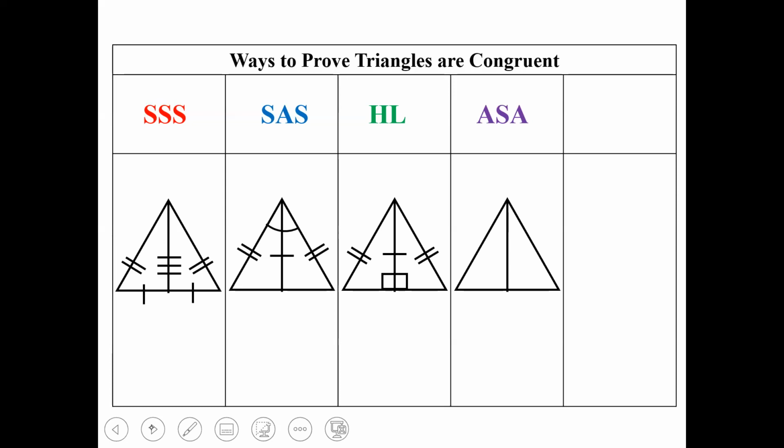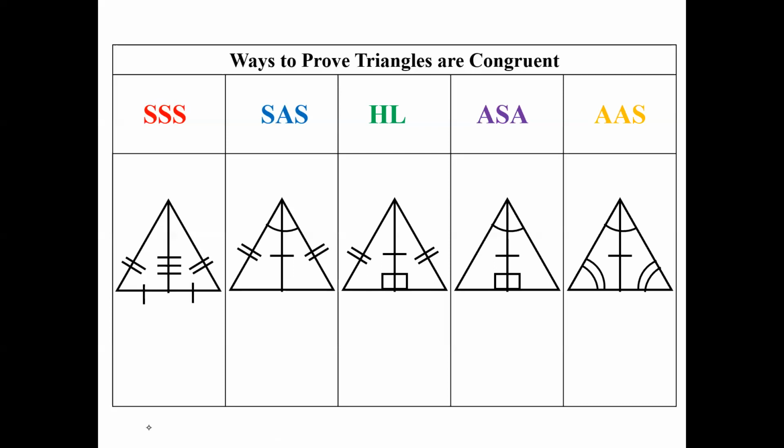Okay, angle side angle. We have 2 sets of congruent and corresponding angles with a side that is in between the 2 angles, okay? And then angle angle side, where we have 2 sets of congruent and corresponding angles, and the side is non-included or outside of the 2 angles.